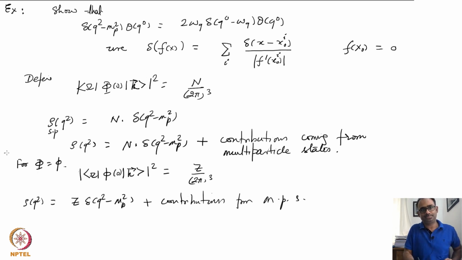That's what we are doing now. Good, so we got the rho of q square, which is nice.